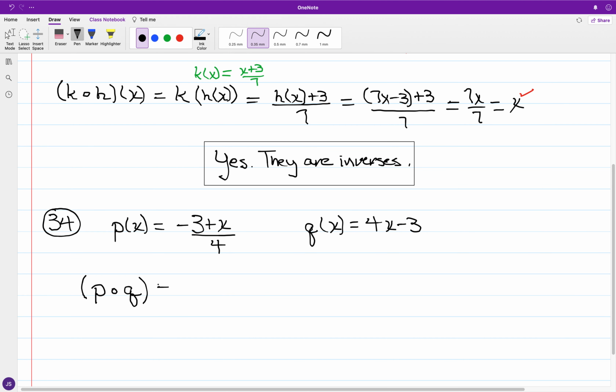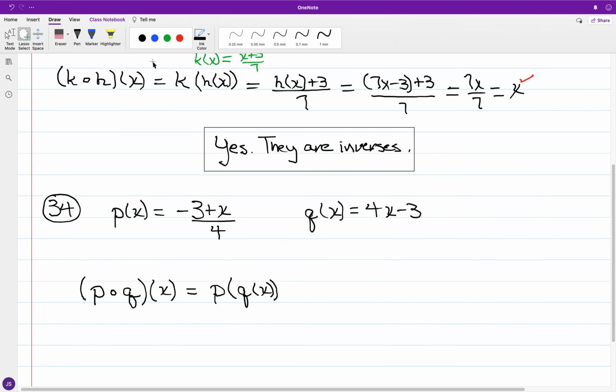We'll just do p composed with q of x, so this leads to p of q of x, operating in line with p of x, which is equal to negative 3 plus x all over 4.